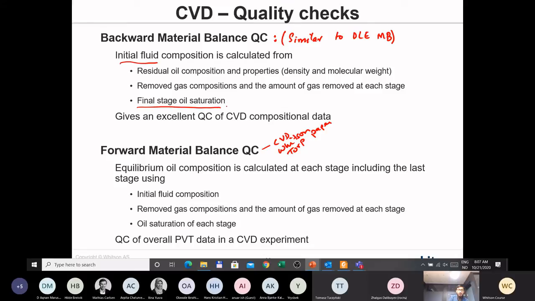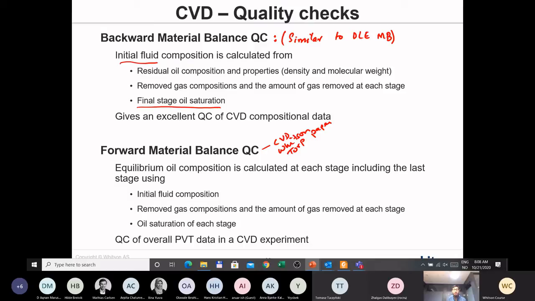This material balance gives us a very good QC of the CVD compositional data, which is very important to measure accurately, because it gives us the information of the well stream composition that we will produce with depletion in the reservoir.